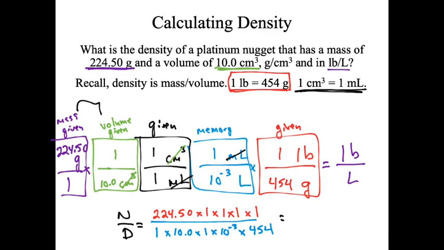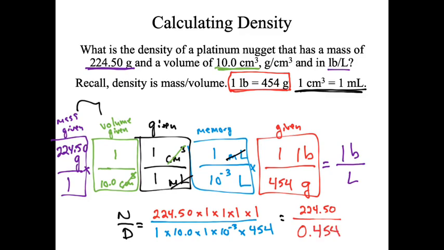So I can do the numerator, and I'll get 224.5, right? I did that right? Yes. The bottom one, I can't do that fast. I should be able to do it that fast. 0.454.